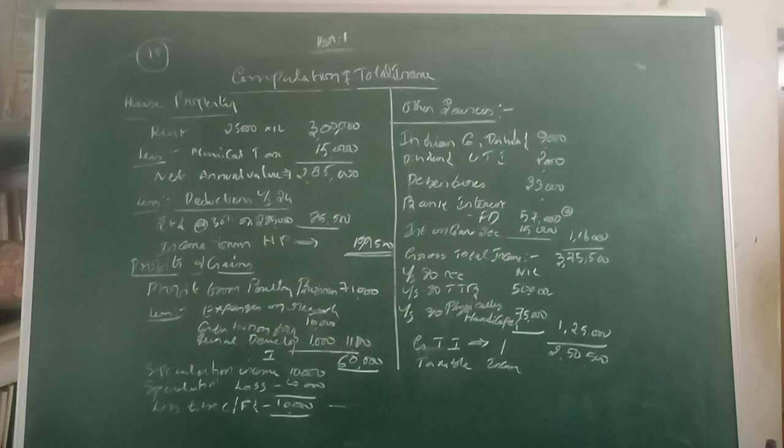Please underline that point. He borrowed 50,000 and contributed towards a pension plan. Any payment made for a pension plan through an insurance company is eligible for deduction under 80CCC.